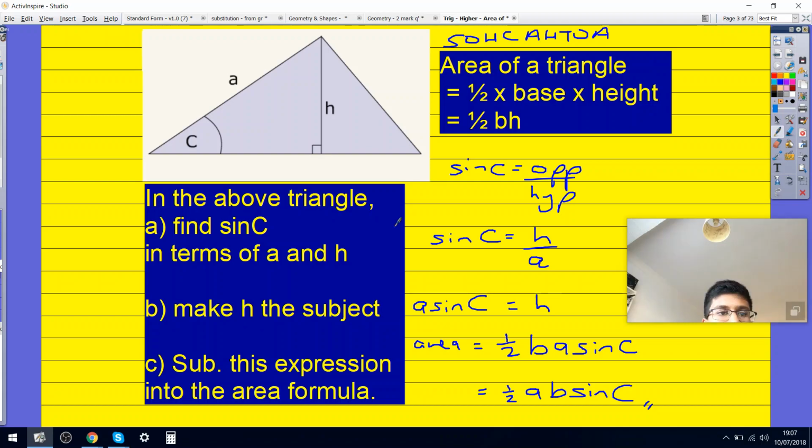If you know the height, you can just do a half times base times height. If you don't know the height, you can do a half times A times B times sine C, where B is the entire base. So it's a half times one side times any other side times the sine of the angle between the two sides you picked.